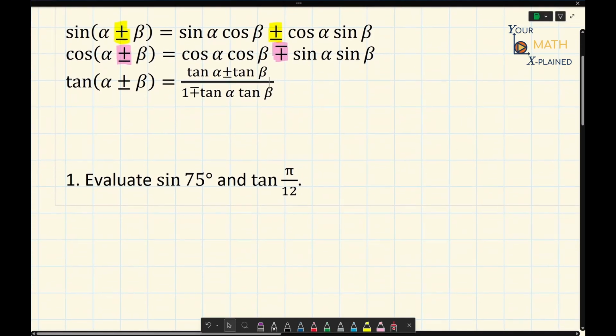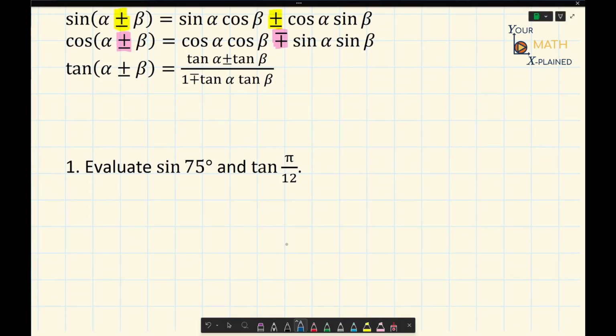So let's take a look at our first example. We want to evaluate sine of 75 degrees, but notice how 75 degrees is not one of our special angles. So before knowing the sum and difference identities, we would have had to use a calculator. However, now that we have this new identity at our disposal, we can actually break 75 degrees down into 45 degrees and 30 degrees.